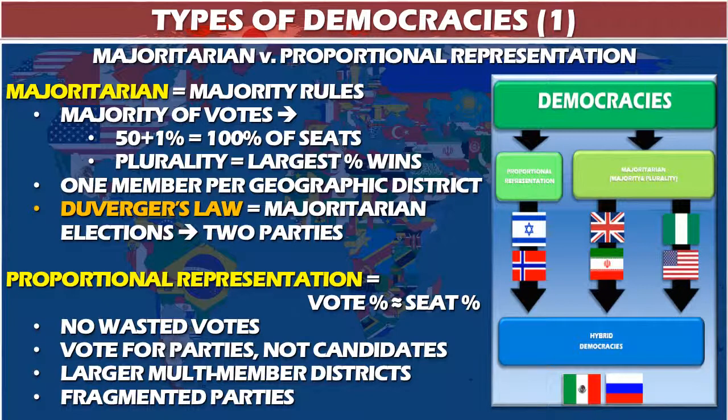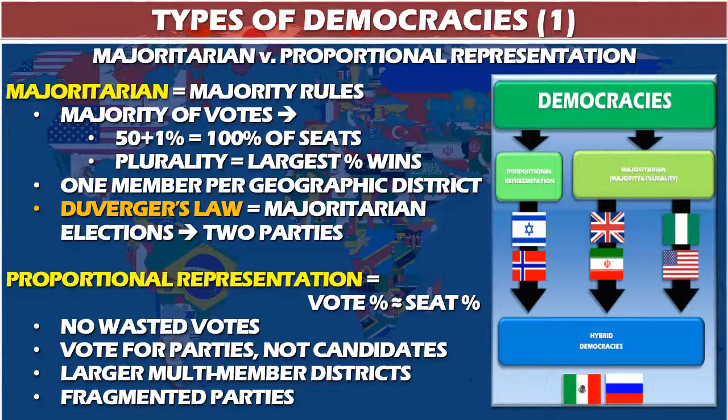Duverger's law is not a law, it's kind of an empirical regularity, which means whenever you have majoritarian voting procedures, you tend to get a two-party system. Essentially this is because the third party is not effective because it can't win, it's always going to be third, and therefore the people who support the third party would be better off supporting either the first or the second option, whichever one is closest to their policy positions.